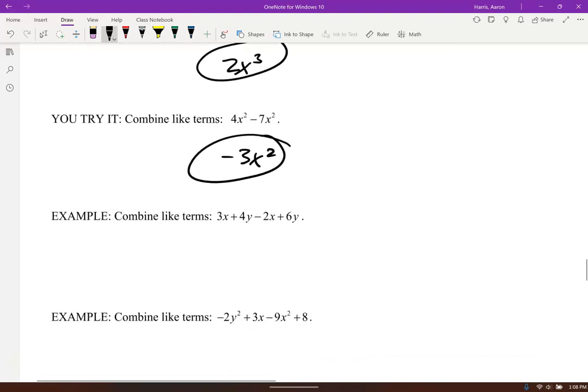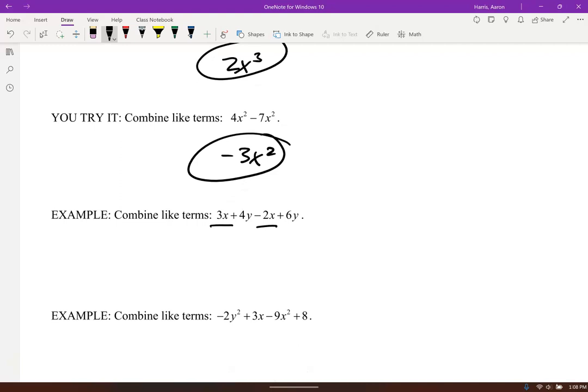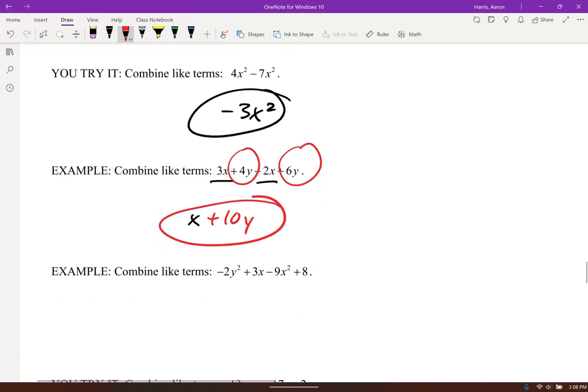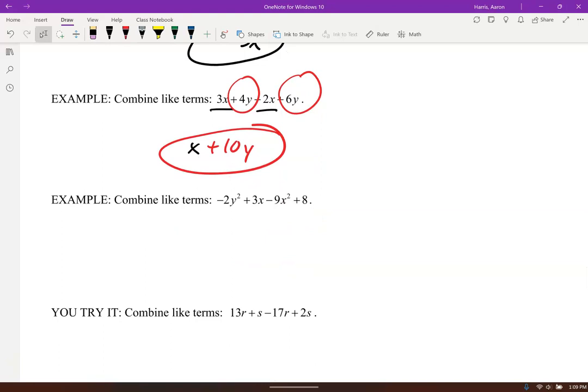They're like terms. Is there any other x's? Yes, 3x minus 2x is a 1x. Is there any other y's? Sure, 4y plus 6y is a 10y. Is there any other y squareds? No, there's not. Is there any other just plain old x's?